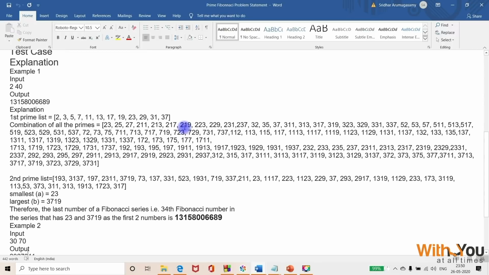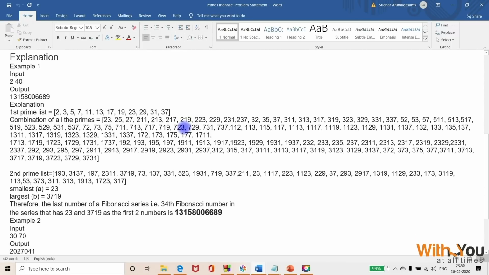Yeah, they are here. Example 1, input 2 and 40, which means n1 is 2 and n2 is 40. And the prime number list is 2, 3, 5, 7, 11, 13, 17, 19, 23, 29, 31 and 37. I know they are the prime numbers between 2 and 40. Cool.